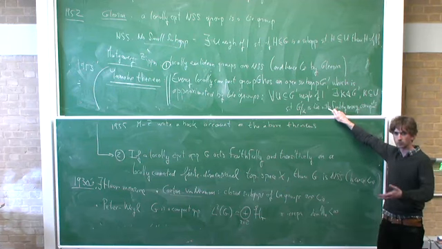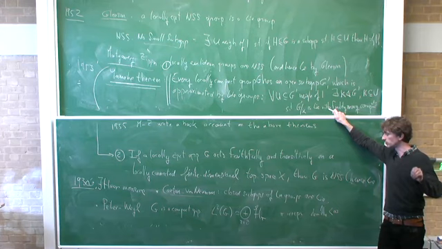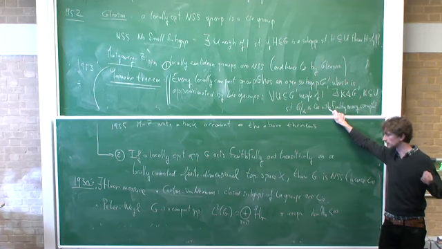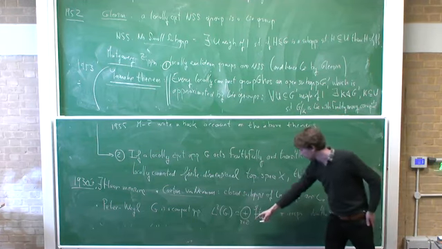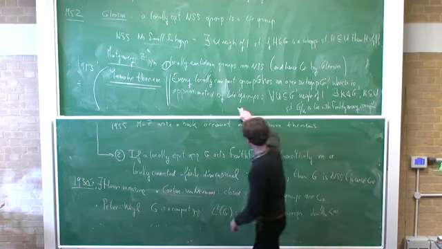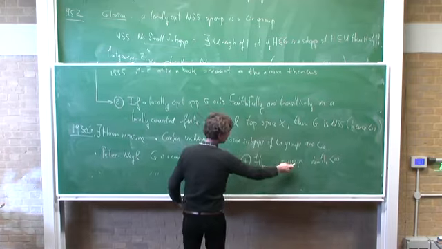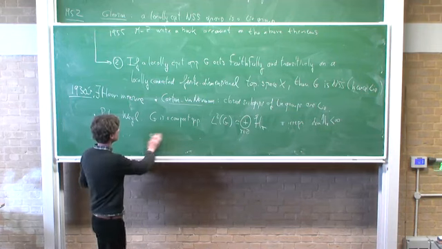You have on the nose that for every neighborhood of the identity there is a normal subgroup K such that G mod K is a Lie group. And this G mod K will be the image of G under fairly many irreducible representations.